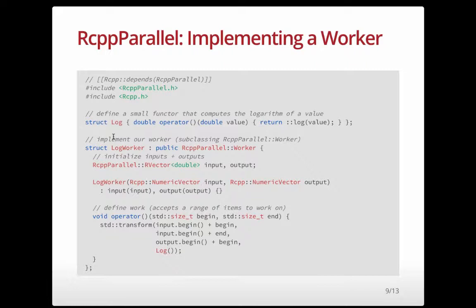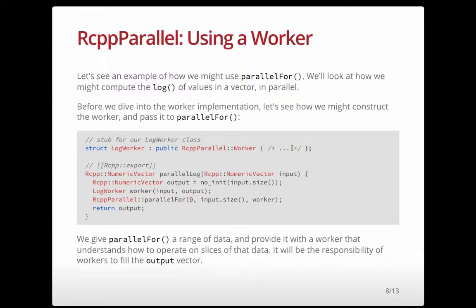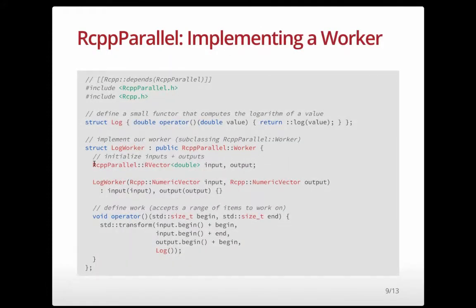All right, so now let's look at our log worker. Just to go back for a second, here we're going to fill in the blanks. So we've got some members, input and output. These are just going to be references to the R vectors, the input vector and output vector. Our constructor takes those and fills those. And the reason why we use RVector here is just as a parallel safe version of the regular R numeric vector.